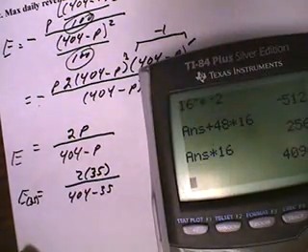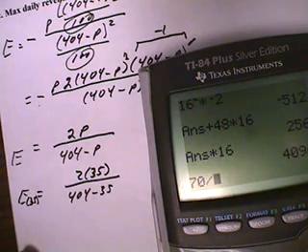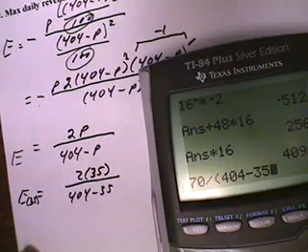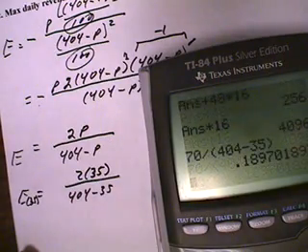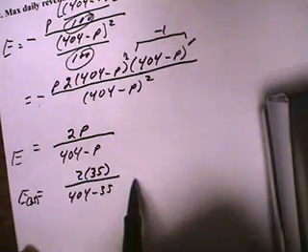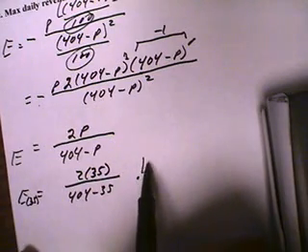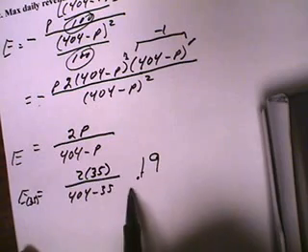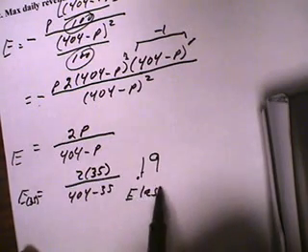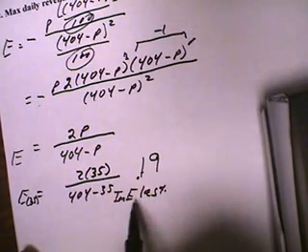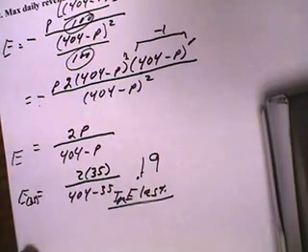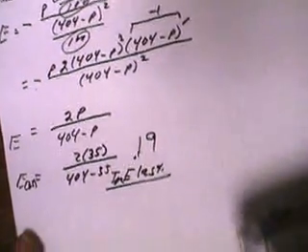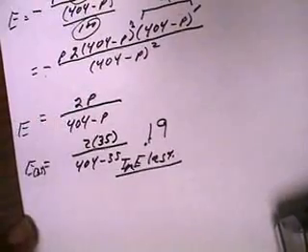Okay, so 70 for the numerator divided by 404 minus 35, and I get elasticity of 0.19. Okay, and that's definitely elastic. Oh, sorry, inelastic, should I say? Inelastic. Okay, so that's good. So we can definitely raise that price a bit.